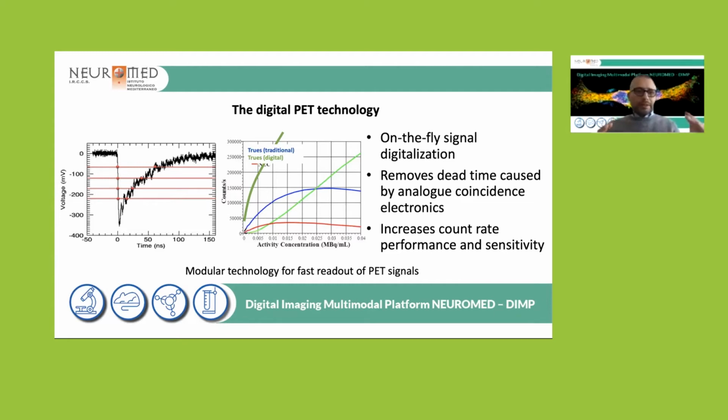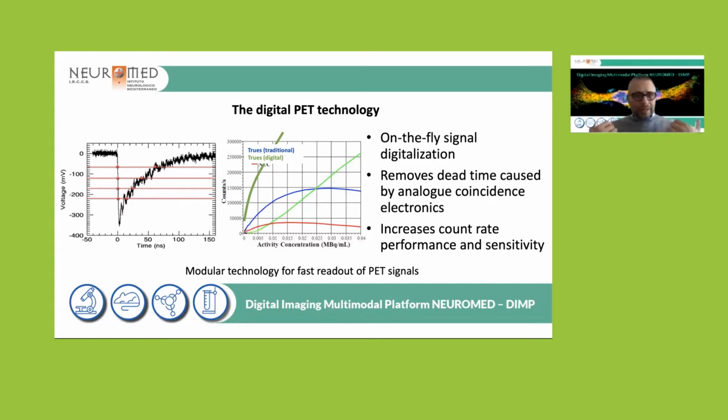I introduce it today just at a glance: it provides on-the-fly signal digitalization. The usual time signal coming out from a PET system has this shape. We have a very fast digitalization. This fast digitalization removes the typical dead time caused by analog coincidence electronics and increases the count rate performance and sensitivity of the system.